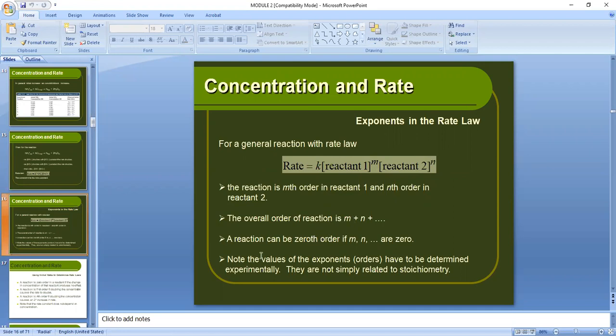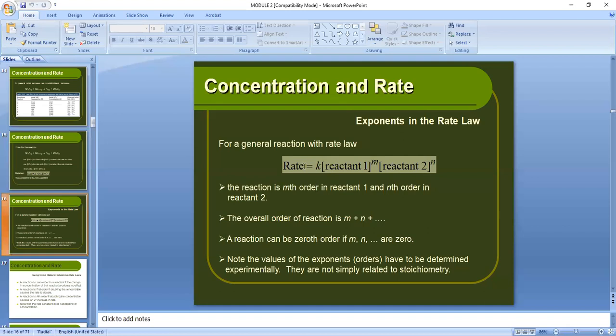Now, a reaction can be zeroth order if you don't have any concentration term appearing on the right side of your rate law. Okay? No concentration term, meaning if you raise this to 0 and you raise this to 0, both are actually equal to 1. So you don't see them anymore written. So you only get to see a K. If that is the case, your rate of reaction is not dependent on changes in the concentration of your reacting species.